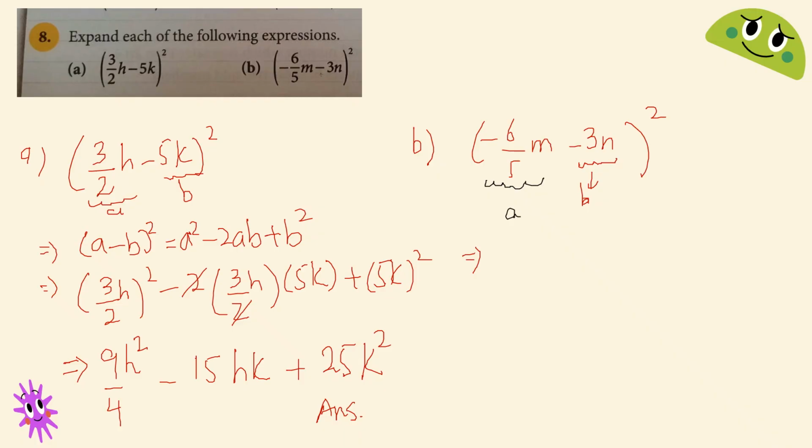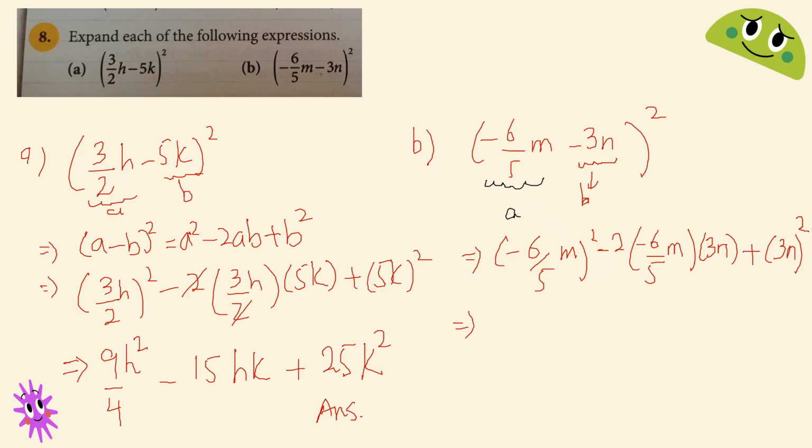So it will be (−6/5m) whole squared minus 2a is −6/5m, b is 3n, and then plus b is (3n) whole square.